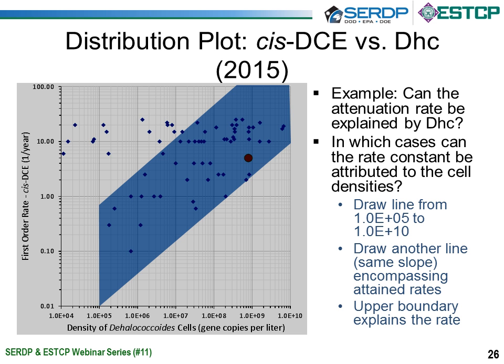So we then drew another line with the same slope encompassing the attained rates that we knew are acceptable for the site, and we grouped all of these in a box that we called sites that we can reasonably assume that the Dehalococcoides densities are responsible for the rate.